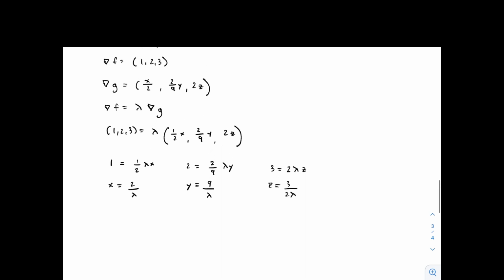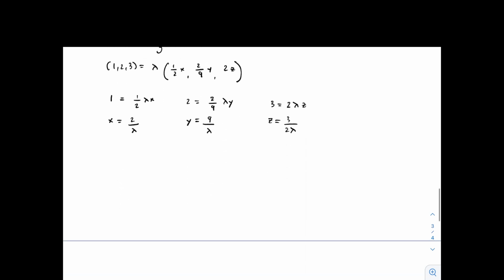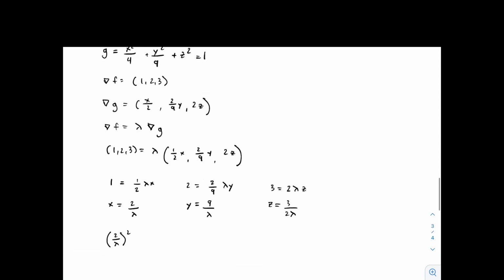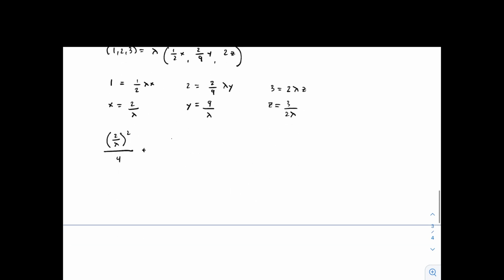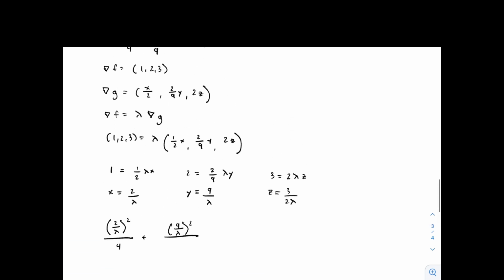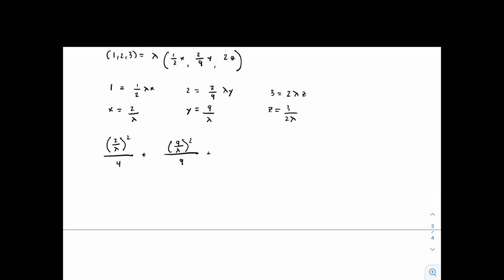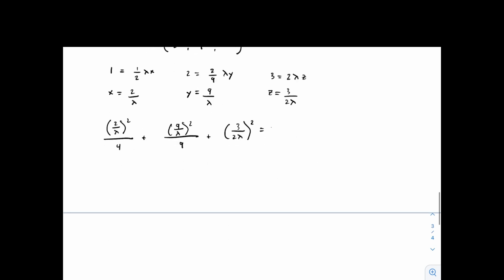Now, utilizing our constraint function, we can plug in and we'll get x squared is 2 over lambda squared over 4 plus y squared is 9 over lambda squared over 9 plus z squared, which is 3 over 2 lambda squared, is equal to 1.